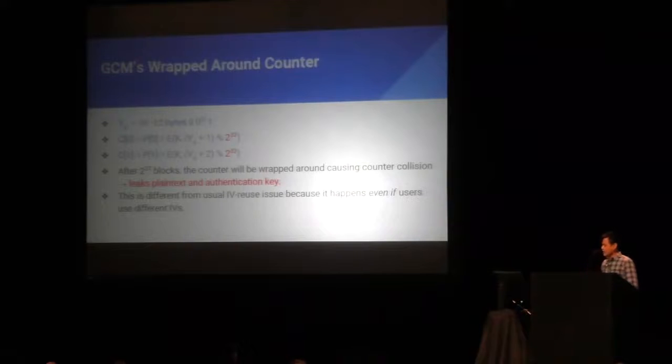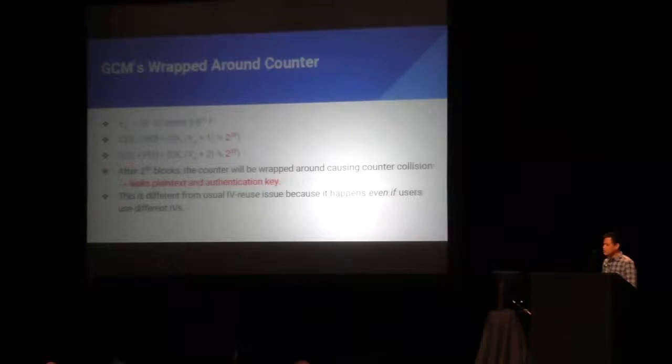Another problem is, as I said before, that counter mode works modulo 2 to the 32. So after 2 to the 32 blocks, the counter wraps around, causing counter collisions. In counter mode, if you have a counter collision, you leak plaintext, and in GCM, if you have a counter collision, you also leak the authentication key.